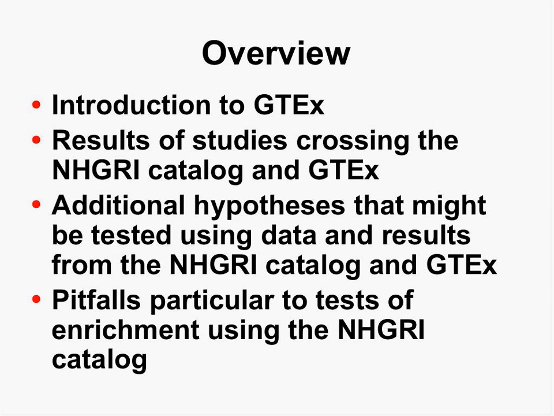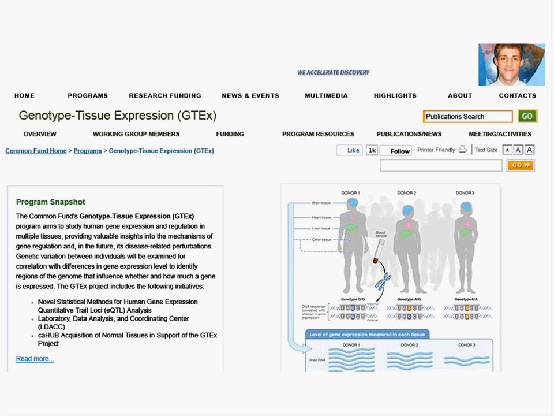It's an outstanding resource, and our group and many others make nearly daily use of the information on the catalog, and I see it being a great resource for the scientific community in many ways going forward.